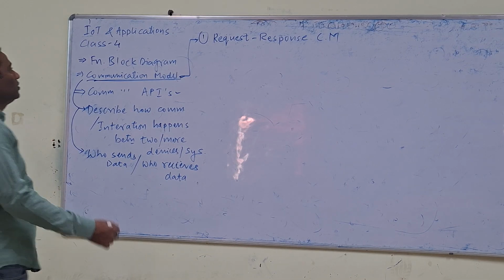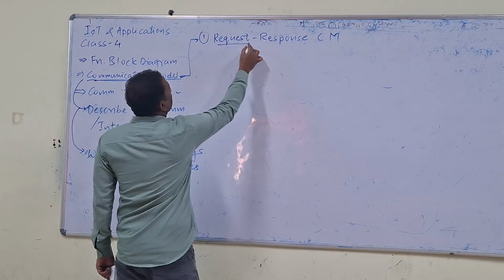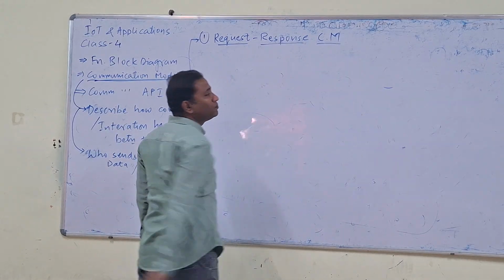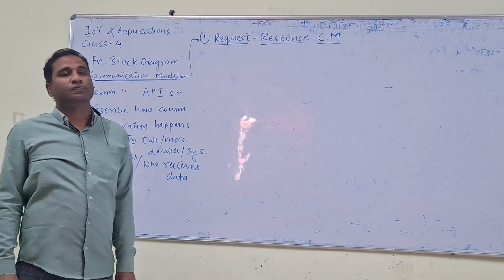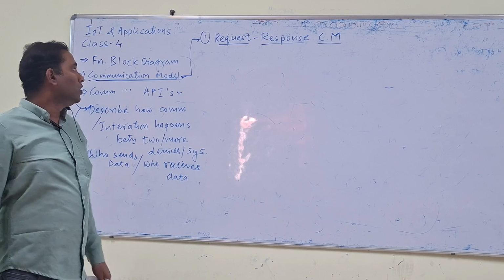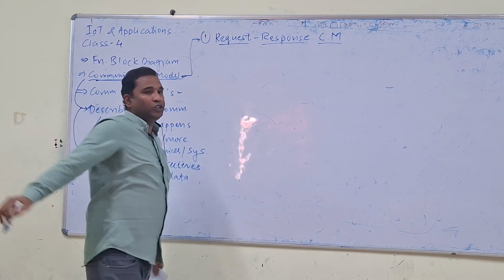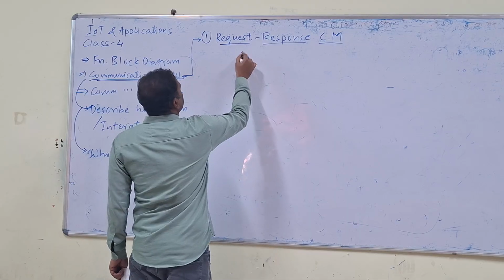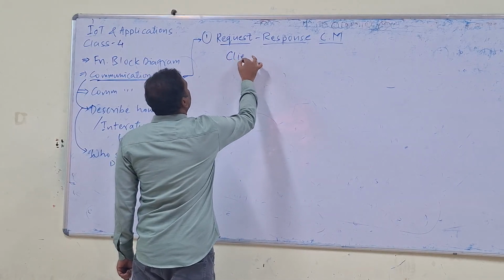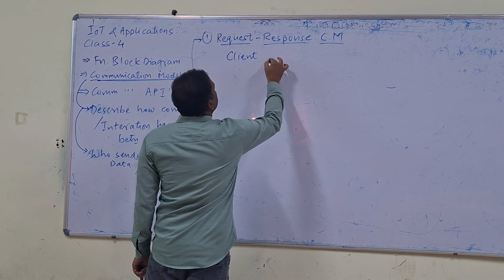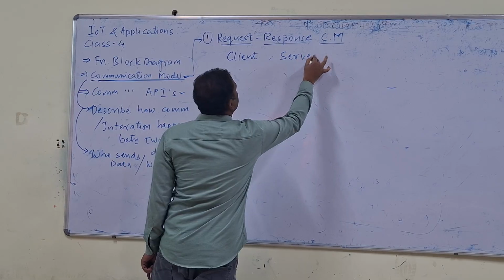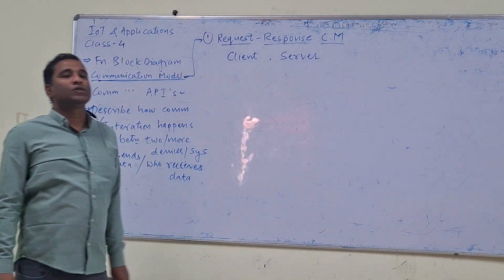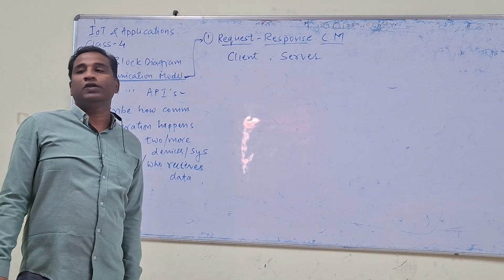The first one is the request response communication model. Here in the request response communication model, we have two characters. One is client, another one is server.